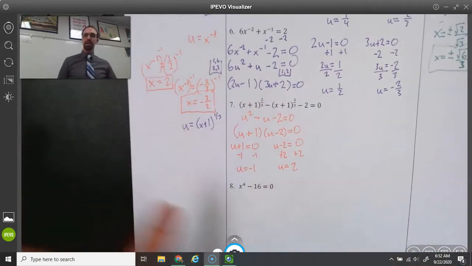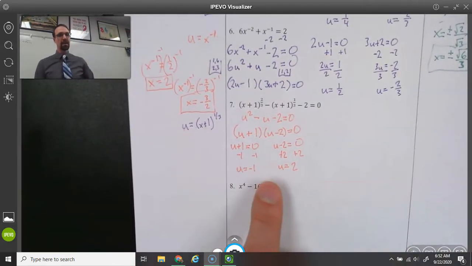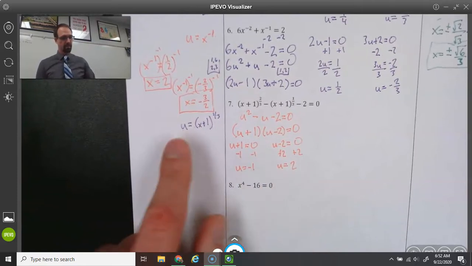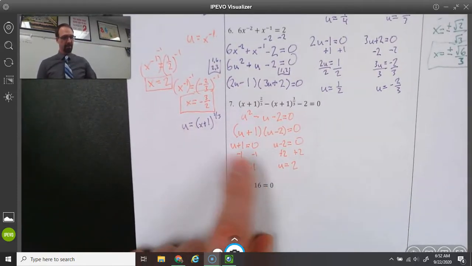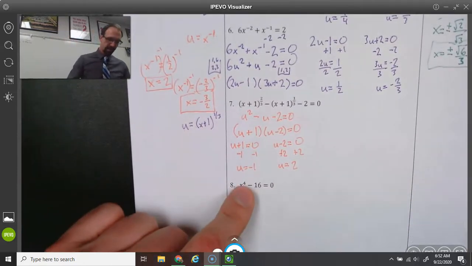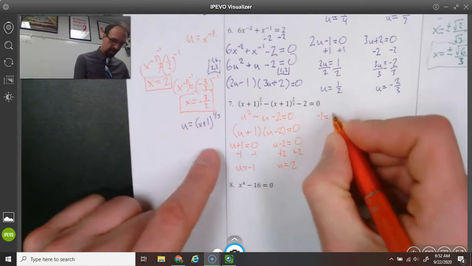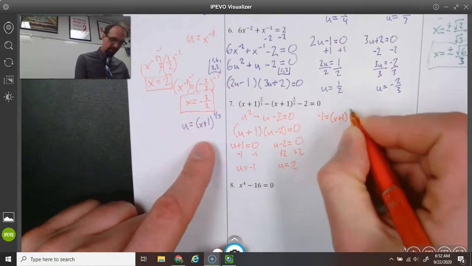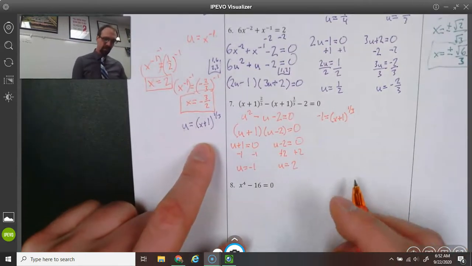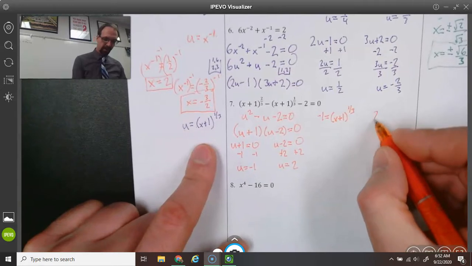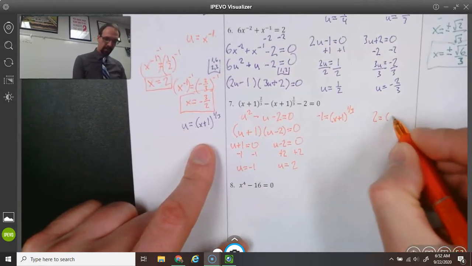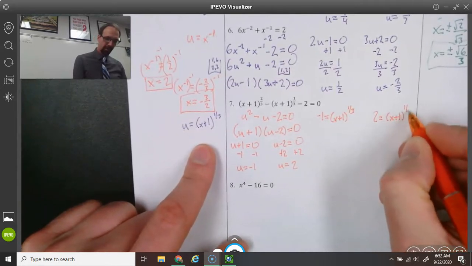Again, we need to set u here, so -1 equals x plus 1 to the 1/3 power, and I'm also going to set up the other one, 2 equals x plus 1 to the 1/3 power.